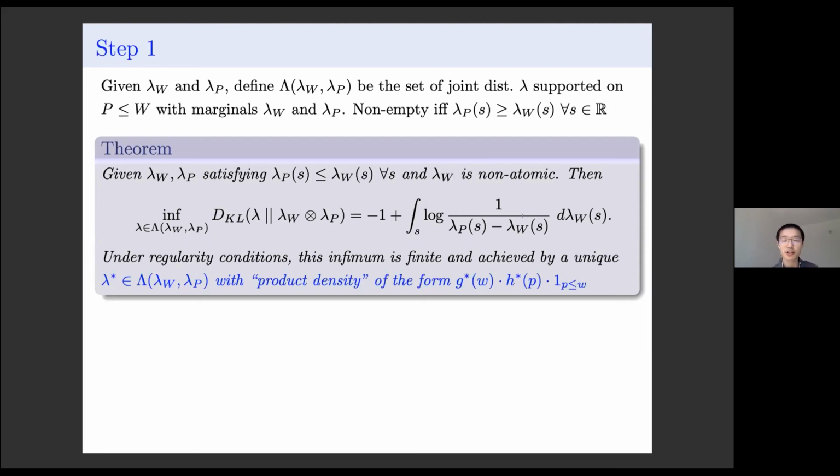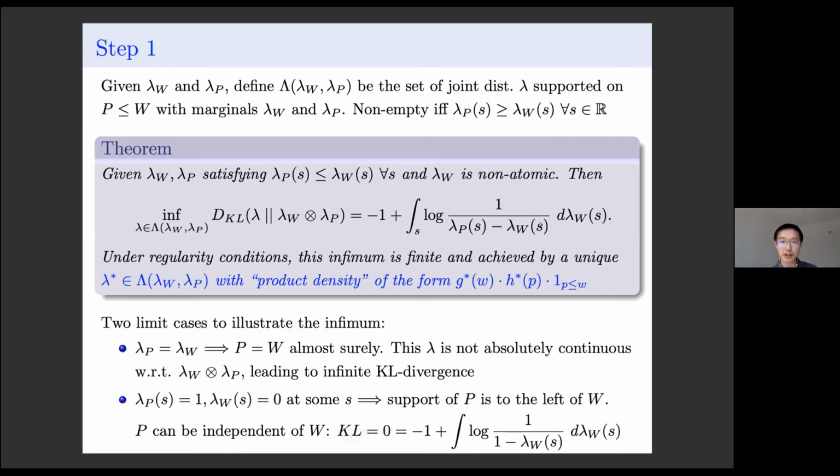The exact formula doesn't really matter, but I just want to draw your attention to the fact that the infimum of the mutual information can be expressed as a certain integral that depends on the CDFs of the marginals, and specifically depends on the difference between the CDFs of the marginals. There are two limit cases that one can consider to understand this infimum. One case is when the two CDFs are the same, in which case the price has to be always equal to the winner type.